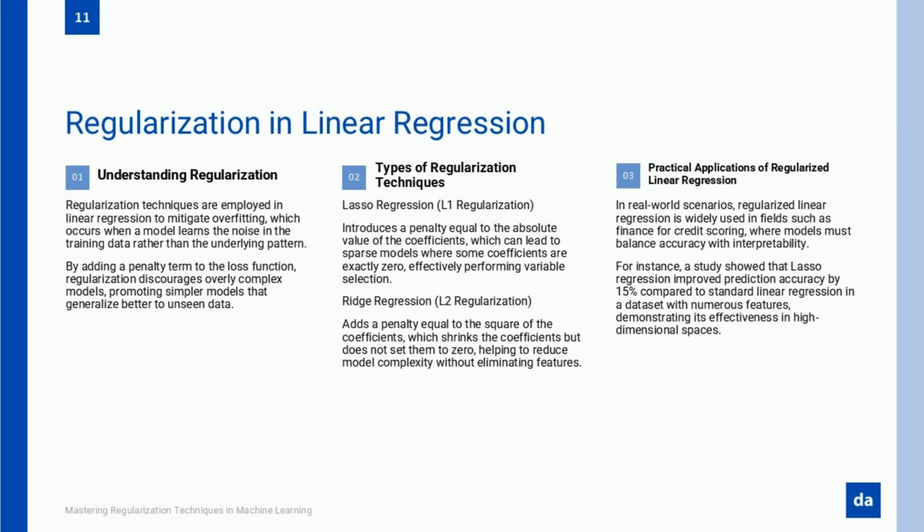Your data contains noise or outliers. If you have messy data, a standard linear regression model will try to fit every little detail even when it shouldn't. Without regularization, your model's coefficients can explode, meaning some variables will get way too much importance, while others might be completely ignored. So how do we fix this?